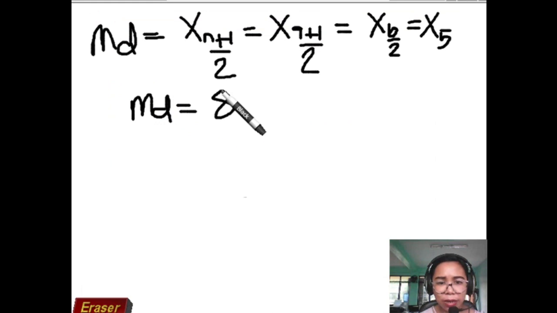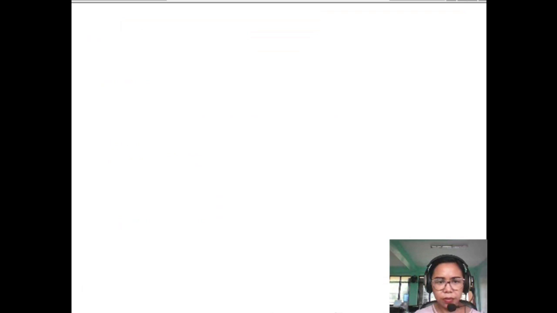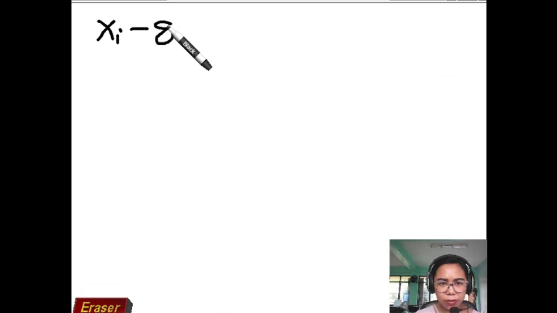We will now write the given x sub i's, and then we subtract it with 8. Why? Because 8 is our median value.